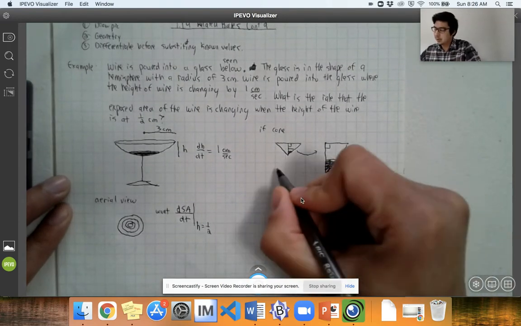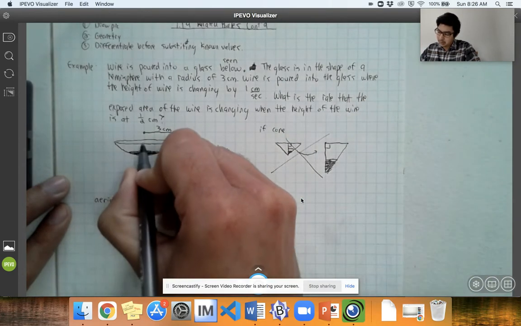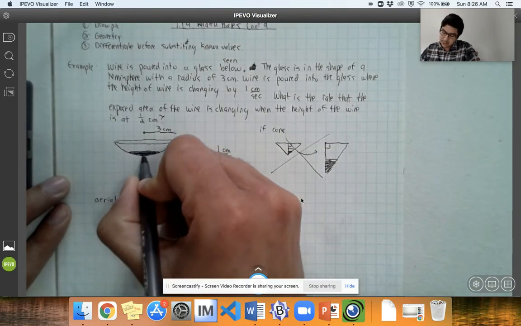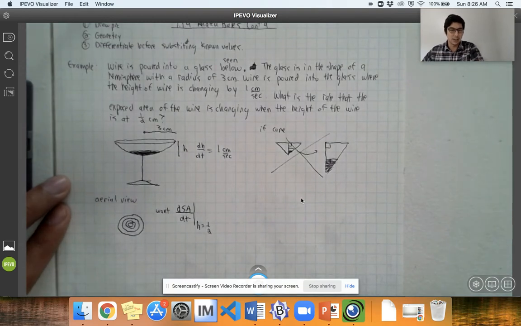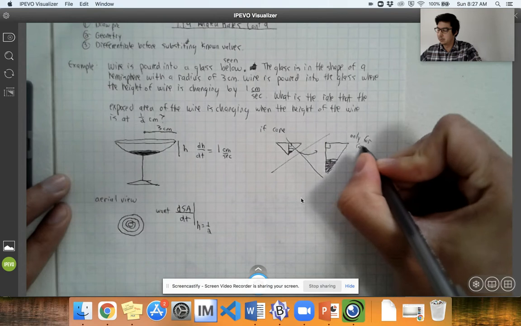But we can't use this here because this is only if it's a cone. If we tried drawing that here, a cone would not represent the shape of this glass because this glass is curved like a hemisphere. So this is only for the cone.